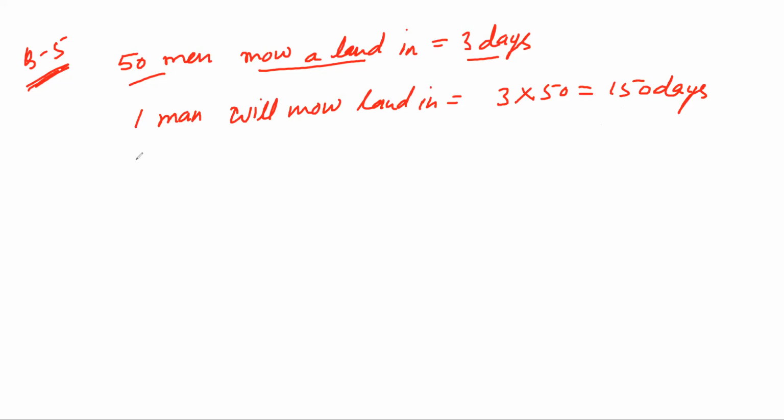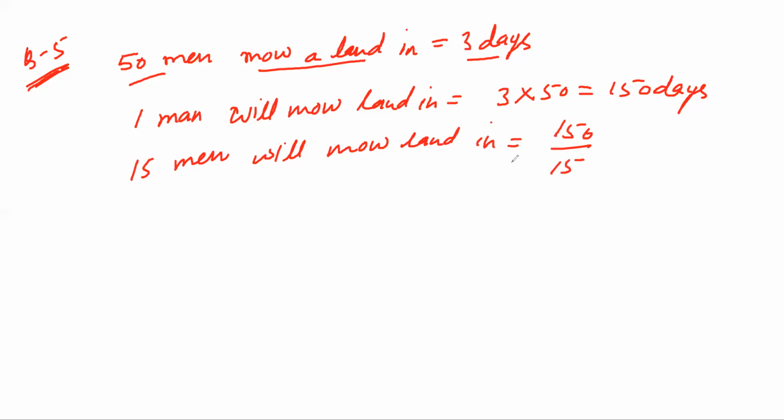Now, if there are 15 men, 15 men will mow the land in 150/15. Simply the answer is 10 days. So 15 men will mow the land in 10 days. Very good. Next question.